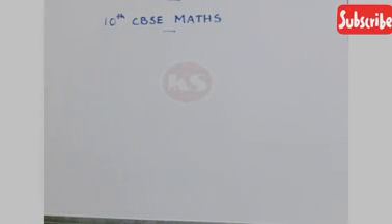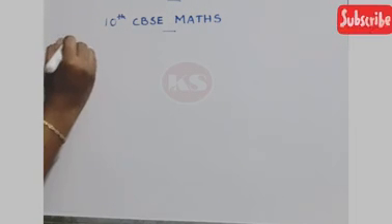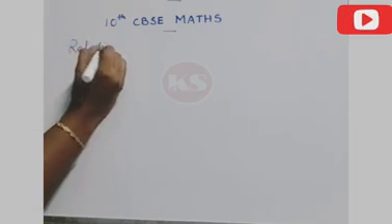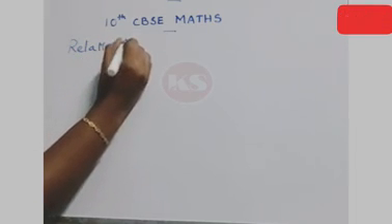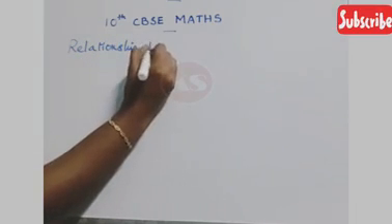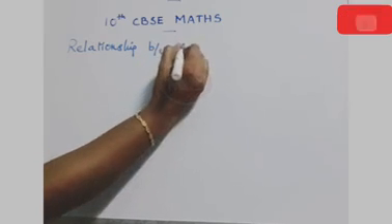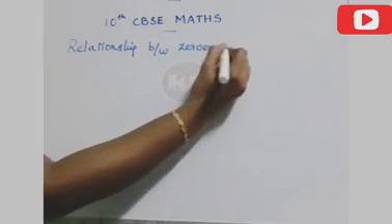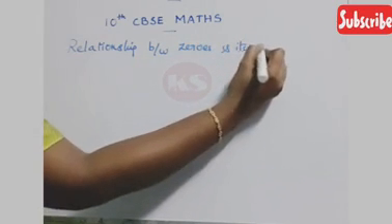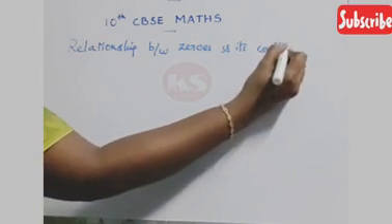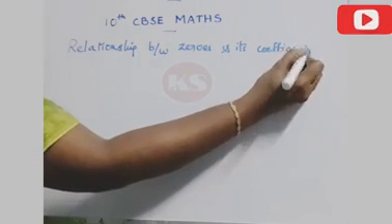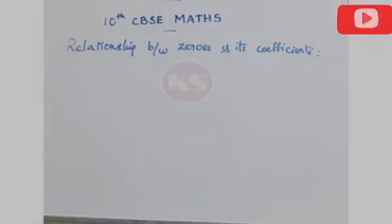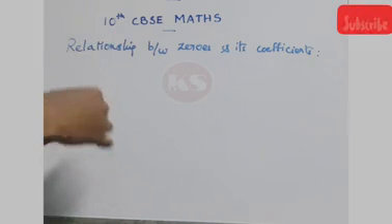Next we are going to discuss the relationship between zeros and coefficients. We know that zeros are the points where it cuts the x-axis.